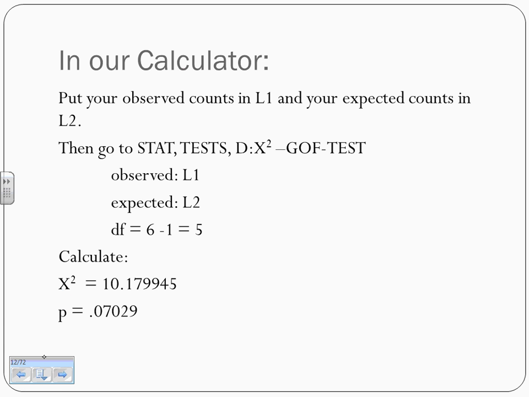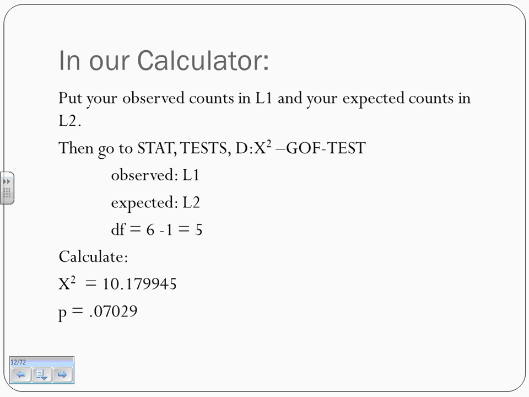So in your calculator, you can do this. You can put your data, like we said, into those two lists. Put your observed into list 1, put your expected into list 2. Then we're going to go onto our stat test and go to the chi-squared goodness of fit test. So whenever you have the two lists going on like this for chi-squared, it's a goodness of fit test.